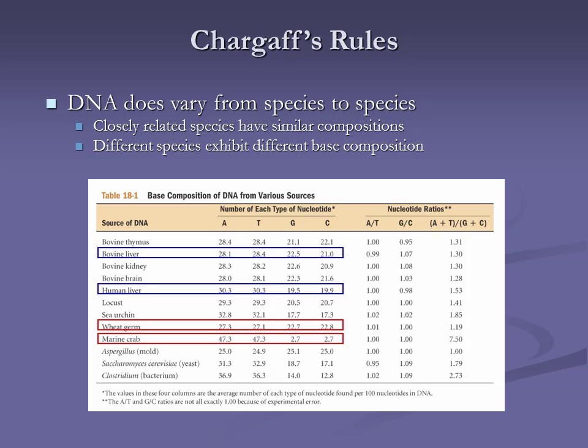So Chargaff was the first one to say that DNA varies from species to species, but within a particular species, we're always going to see our A's and T's and C's and G's being equivalent. And we know the reason for that, because they're always paired.